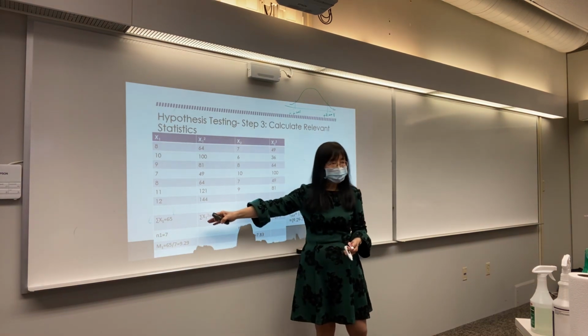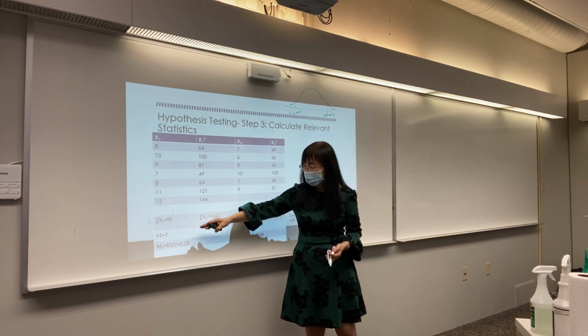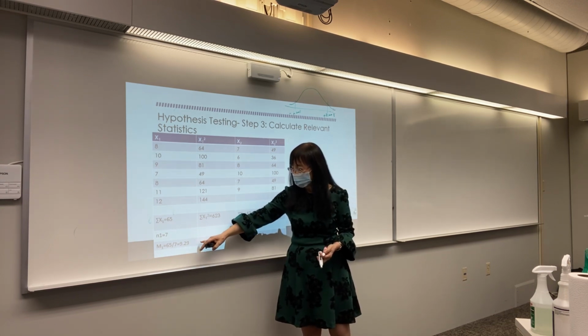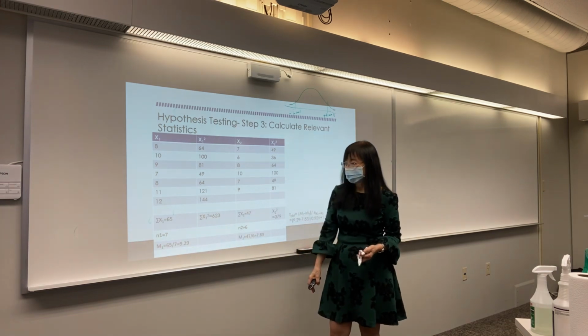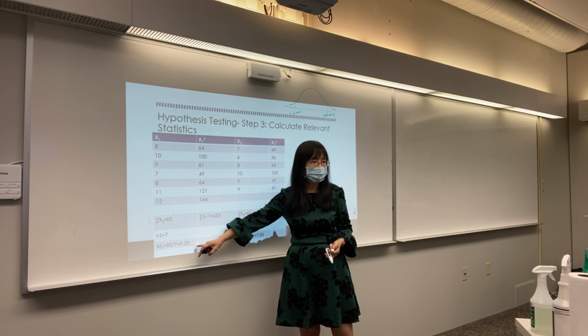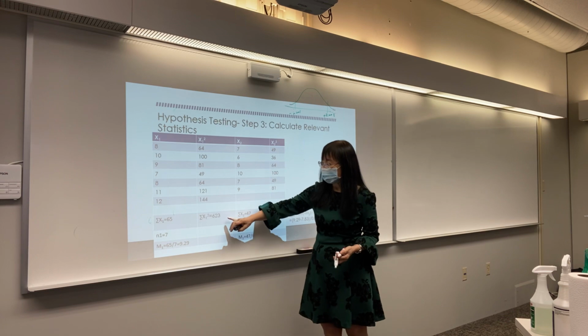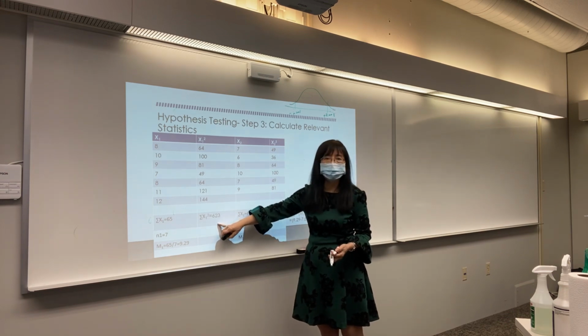Sum of x1, I got 65. Then you have 7 people, so your mean score is 9.29. Let's just take 2 decimals here. Then 47, sum of x1 squared 623.